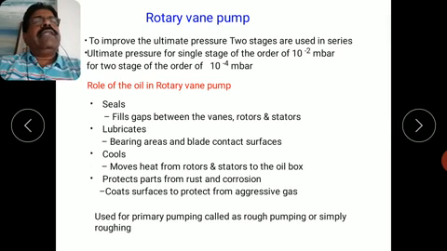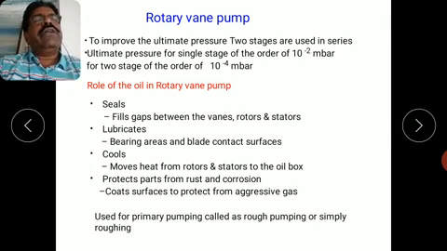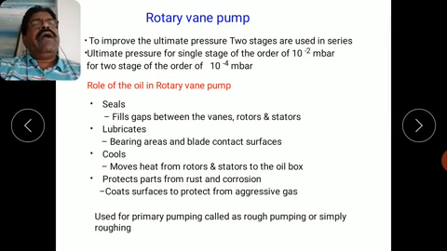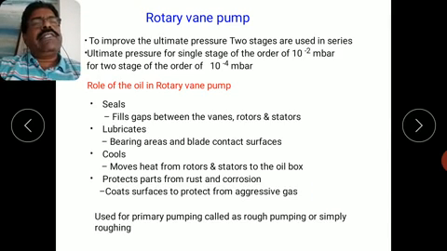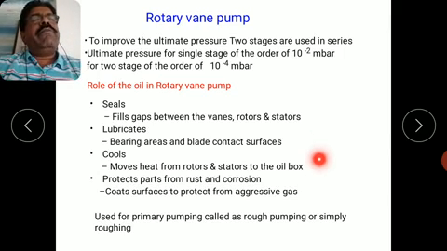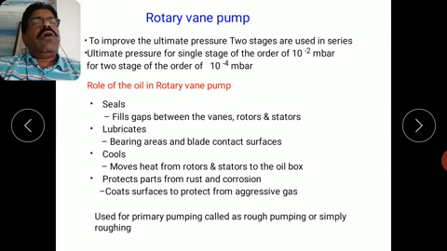Also the oil degrades after long use, so you have to change the oil, so maintenance cost is involved. So even though the initial capital cost is less, the maintenance cost is high in this case, and there is also the problem of backstreaming of oil molecules or oil vapor into the chamber.